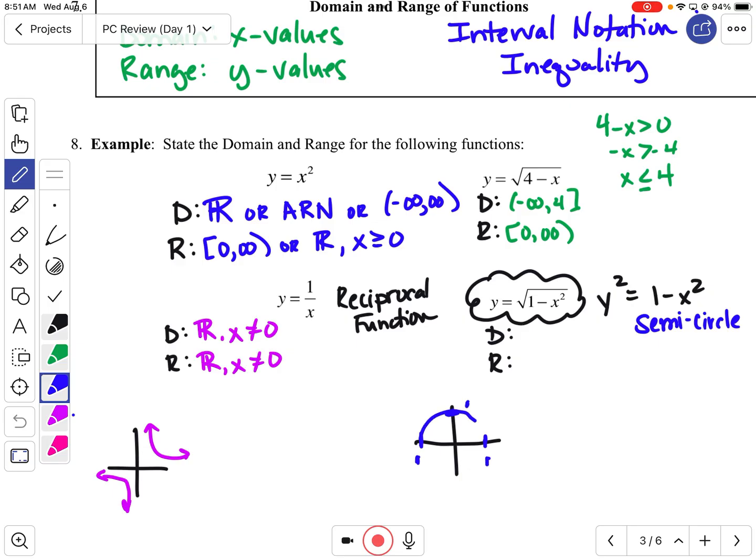Why do I know that it's the top half of the semicircle? It's not negative. The radical's not negative. Okay? I have a positive radical, so it has to be the top half.